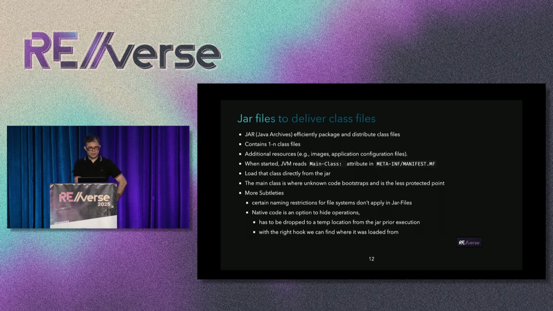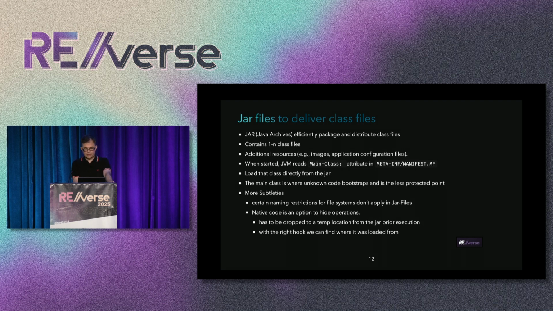How do you deliver class files? Java class files are delivered via jar files, which are zip files, 1 to n classes in one jar, and you also have the resources in there, like images or application configuration files, service setups.